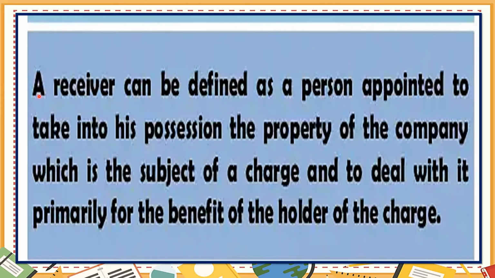A receiver can be defined as a person appointed to take into his possession the property of the company, which is the subject of a charge, and to deal with it primarily for the benefit of the holder of the charge. So basically, class, taker means the person who receives something from someone or from somewhere.